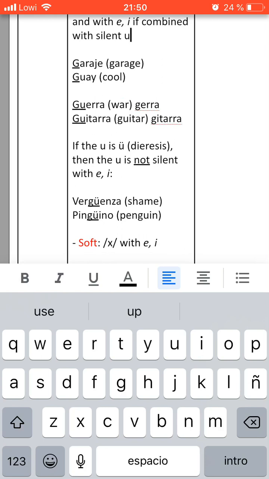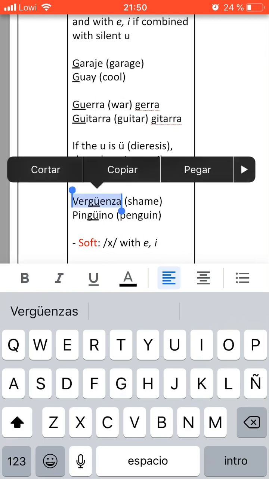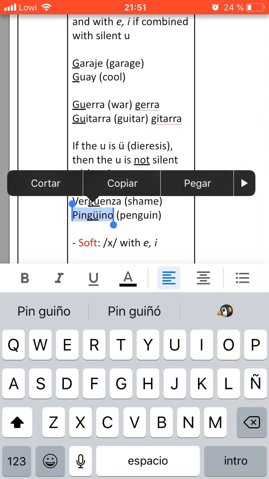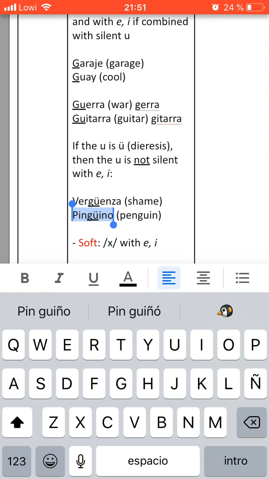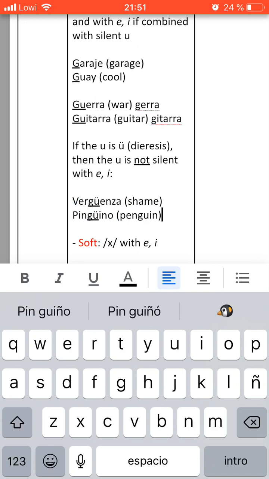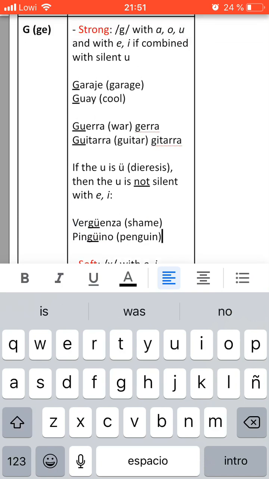Here we can see examples of it. Vergüenza, we know it because of the 2 points. Pingüino, because of the 2 points. We can see it here and the difference with this.